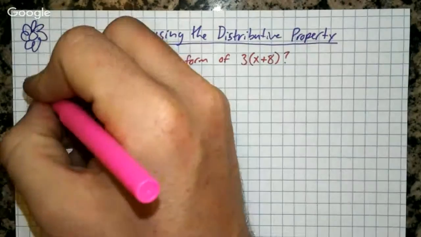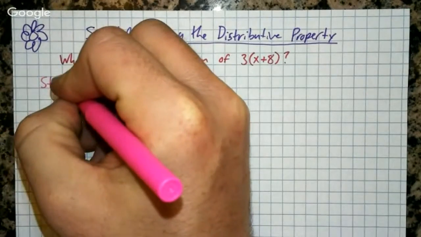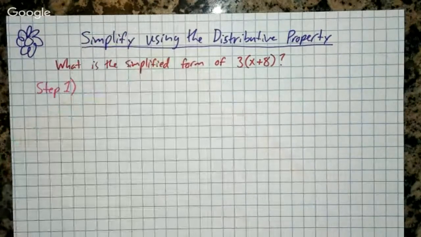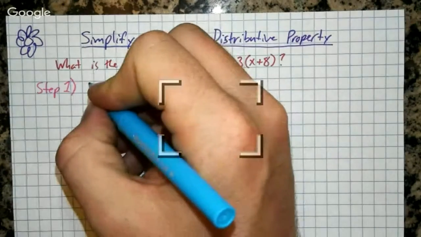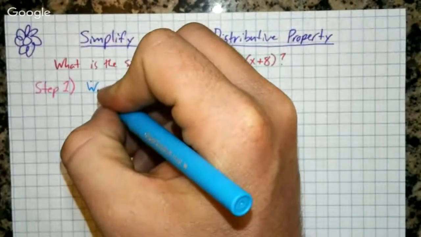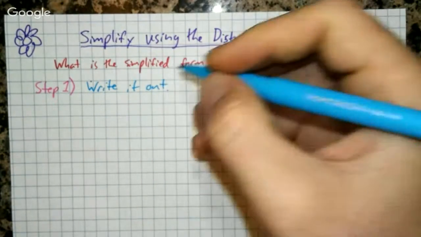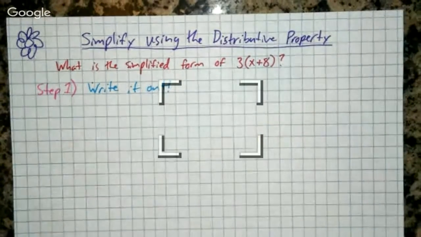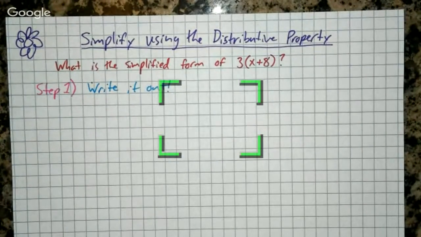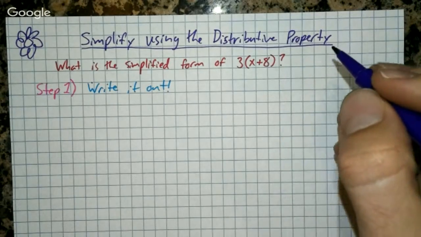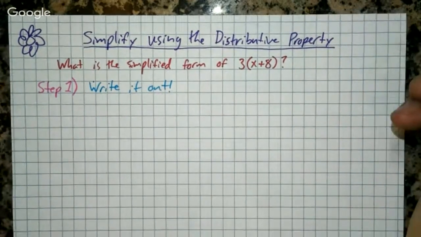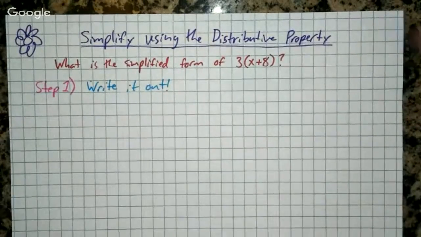So step 1. And in step 1, the way we always should use our steps, please write it out. Write it out. Always, you know what? Exclamation mark. Write it out. Always write it out. So, what is the simplified form of 3 times the quantity x plus 8?